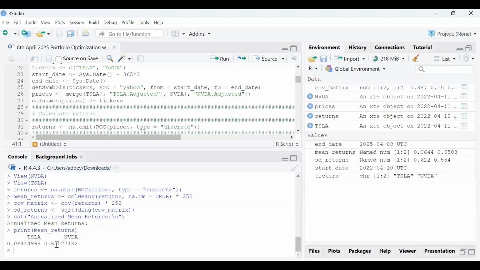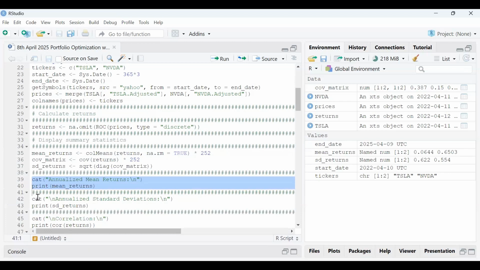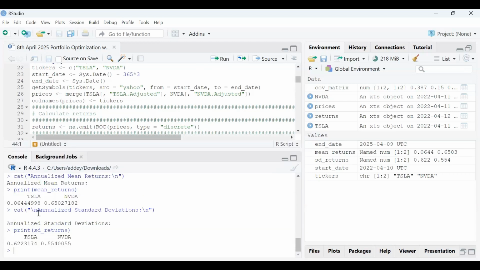And then that of NVIDIA is 0.65. Then we can look at the standard deviations. So looking at the standard deviations, we see that the standard deviation for Tesla is 0.62, and then the standard deviation for NVIDIA is 0.55.